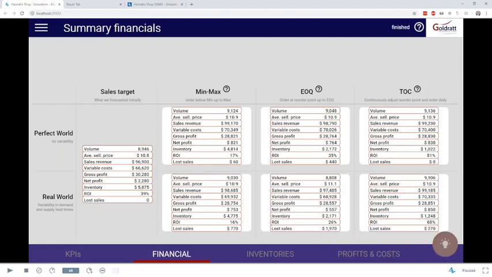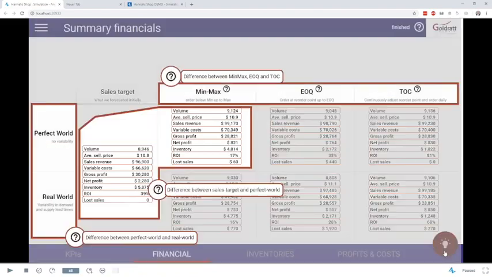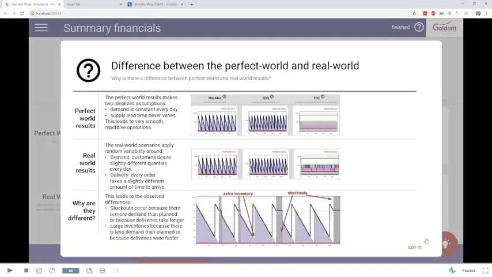Now, the last thing I want to share is, again, the help functionality. So whenever you see a little question mark, click on it. There is also the ability to analyze and answer questions. So what is the difference between perfect world and real world? Again, you can just click on it and it will explain that in more detail.